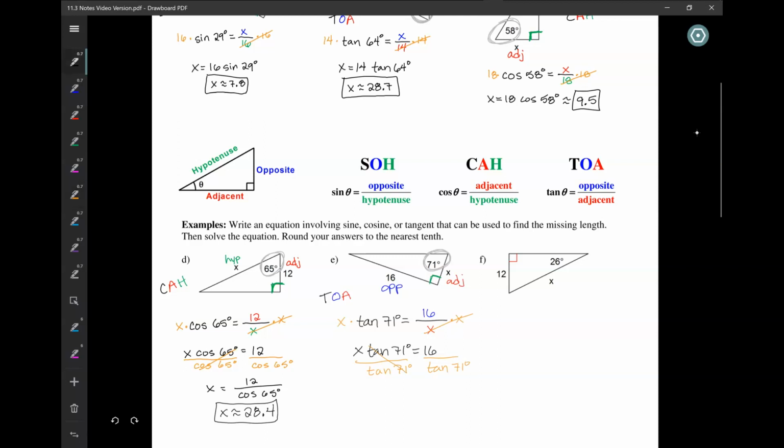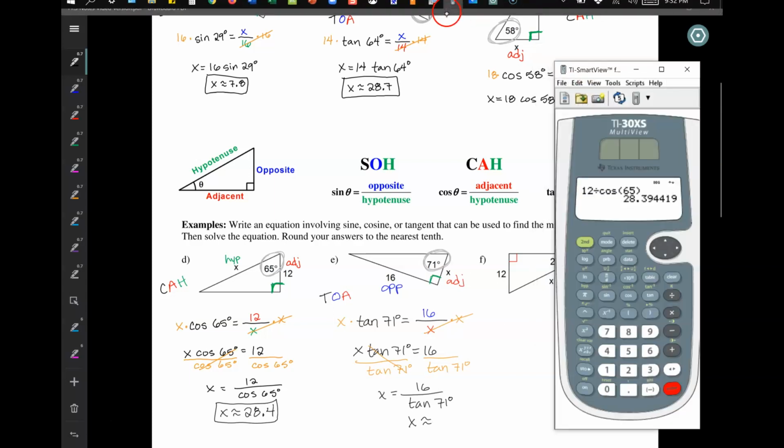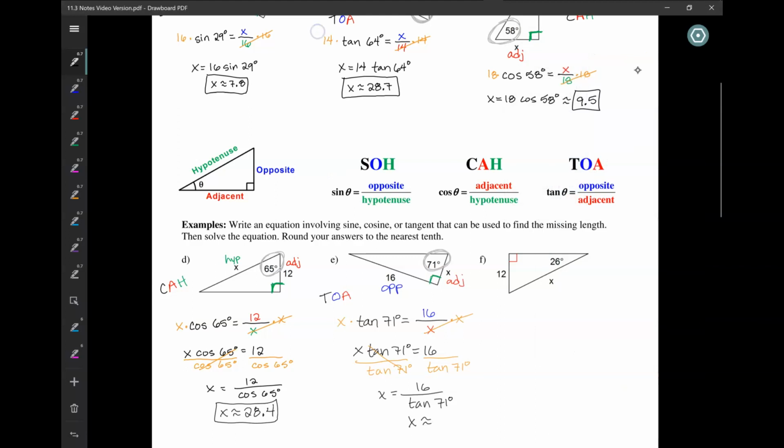So x is equal to 16 divided by tangent of 71 degrees. Which is about 5.5.